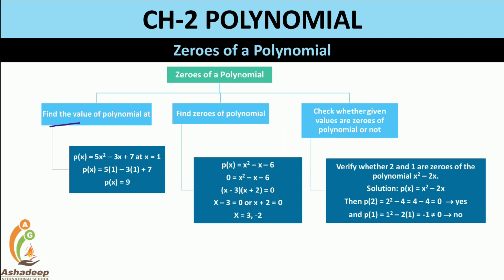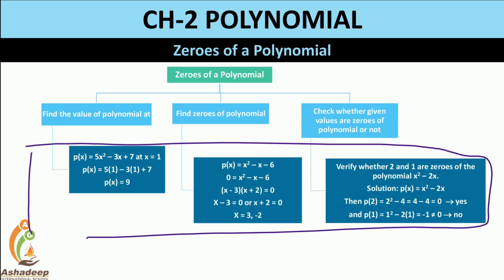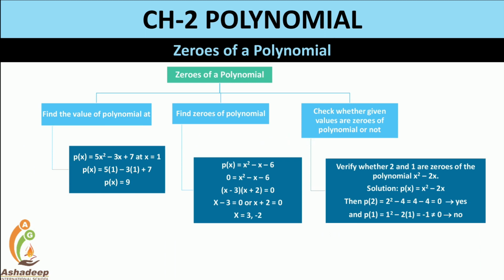See here. Find out the value. It means, if this is the polynomial, we have to find out the value of this polynomial at x equals 1. These three are examples to understand this statement. So it is simple.